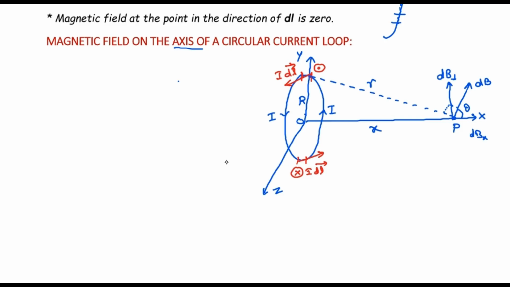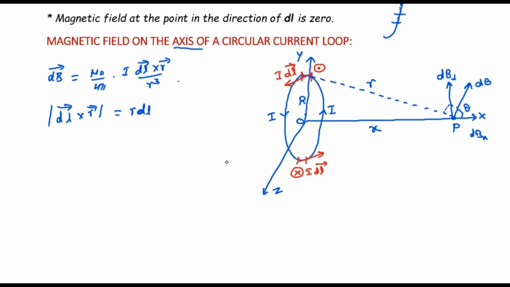Now we will apply the formula dB bar is equal to mu naught by 4 pi into IDL bar cross r bar divided by r cube, from Biot-Savart's law. And we can write the magnitude of dL bar cross r bar as simply r into dL.